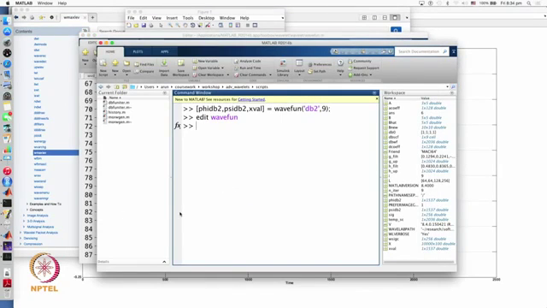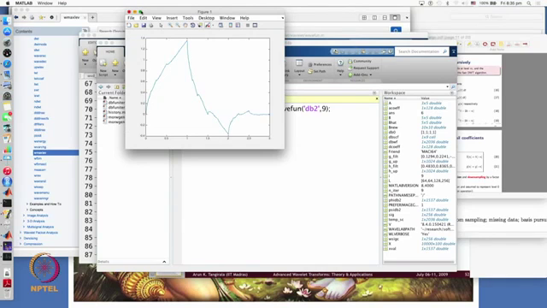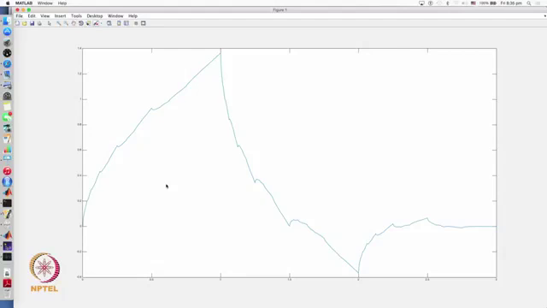So, let us plot here. As you can see, this is the scaling function now over the interval 0 to 3.